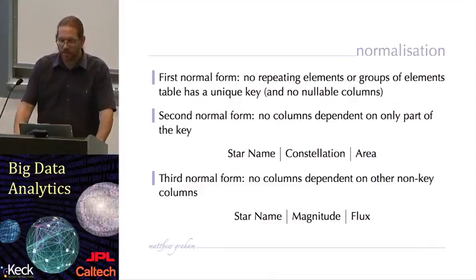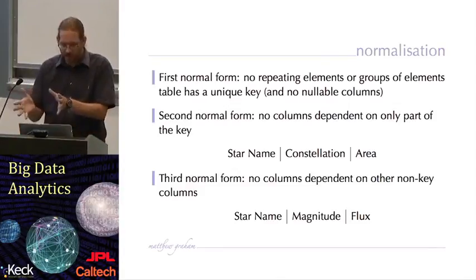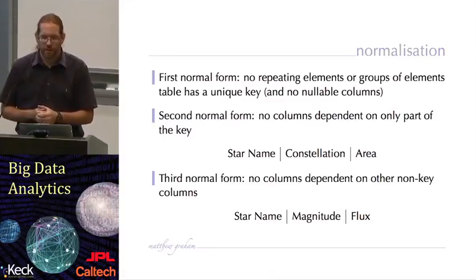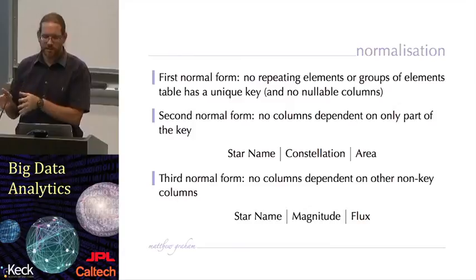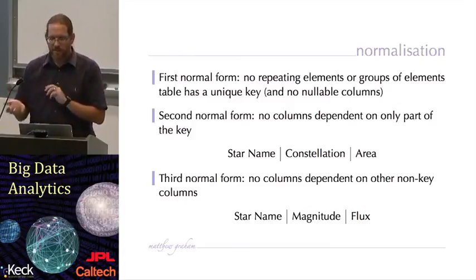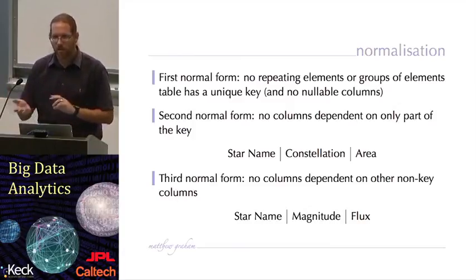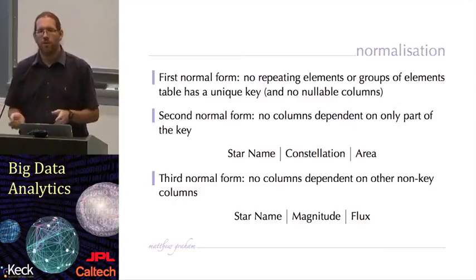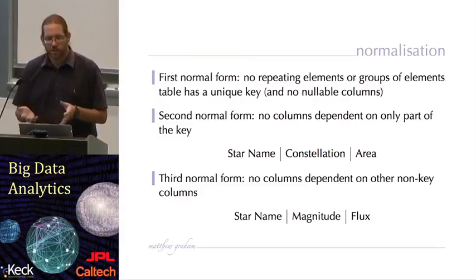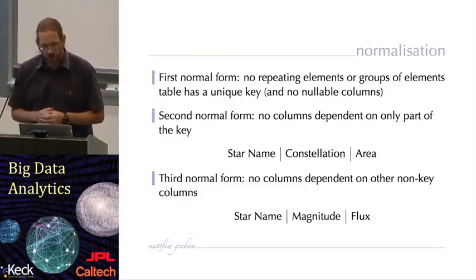So, for example, if you had a table of stars, you may have 3 columns which might be the star name, the constellation that the star is in, and the area of sky. And obviously there's a dependency there between one or more of those columns, which you would remove if you were normalizing your database according to second normal form.